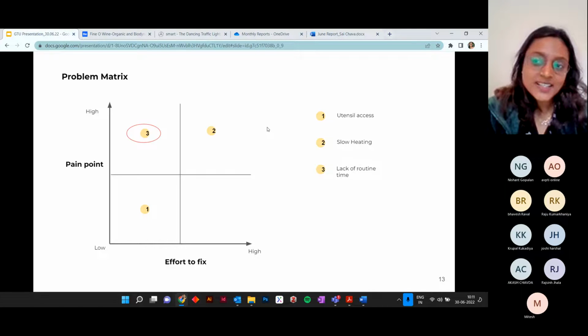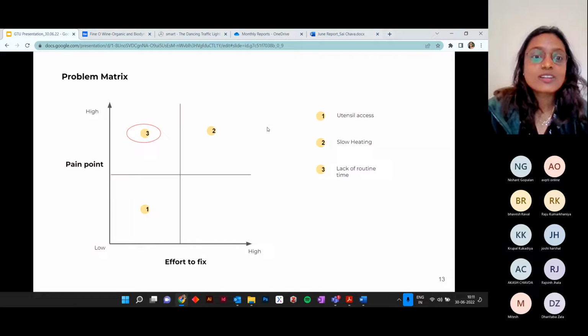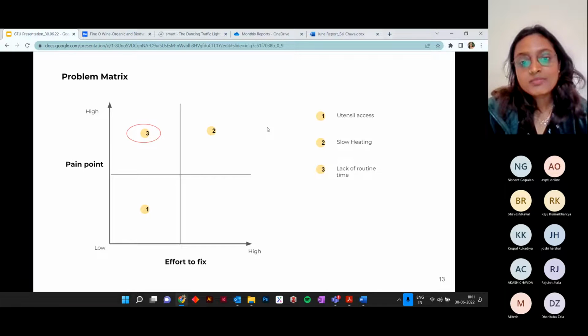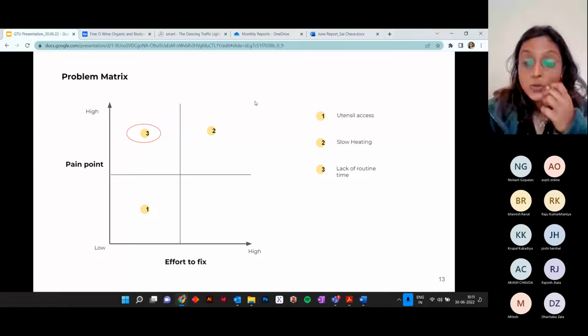But the thing is, in the UK scenario, they will have to replace the entire unit hub to increase the heating, versus in India, we actually have solutions to manually intervene in the process without having to replace the entire thing. So that's why I placed the slow heating in most effort to fix.